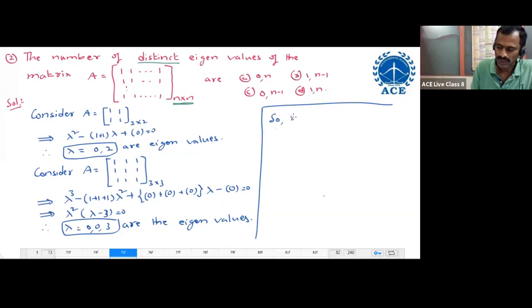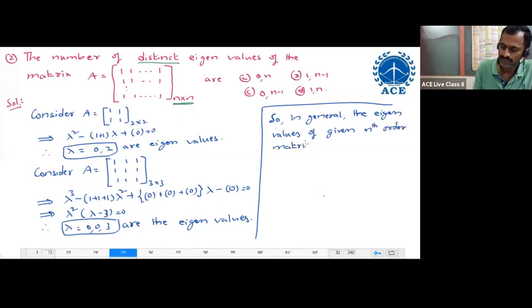So in general, the eigenvalues of the given nth order matrix A, n cross n, are lambda equal to n, 0, 0 and so on, 0. Total number of eigenvalues is n. Out of n, one eigenvalue is n.